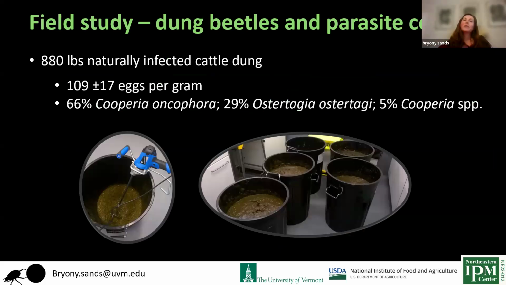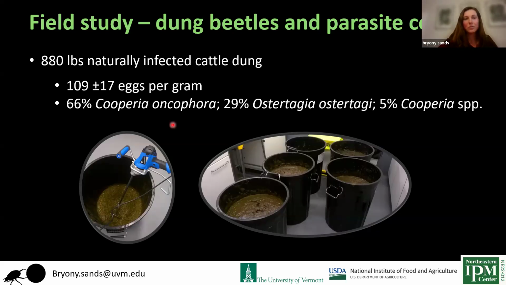I wanted to do a study, this was about 10 years ago now, looking at the potential of those beneficial insects, such as dung beetles, in controlling parasites on pastures. We collected almost 900 pounds of cattle dung that was naturally infected with some of these parasites.